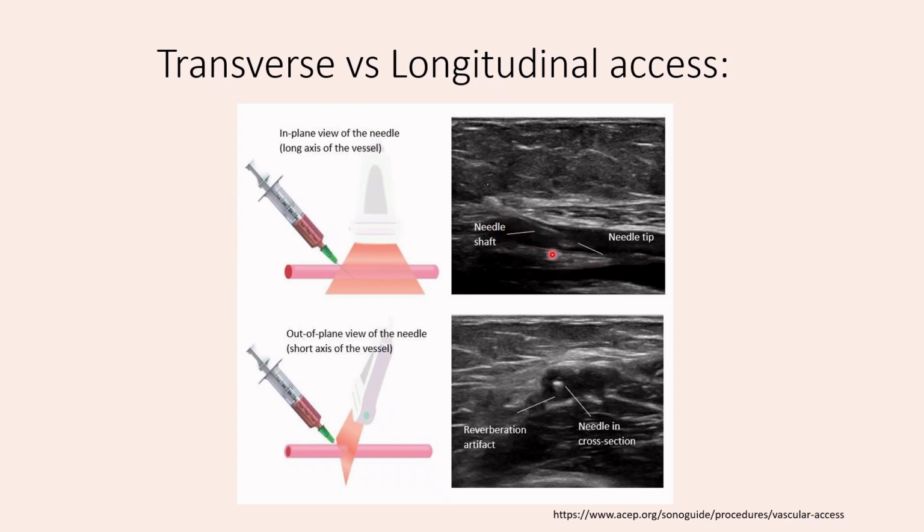Or you can go for the transverse axis. This is the probe, and you insert the needle in this case not on the side of the probe like in the longitudinal, and in this position you will see the needle like a cross section like here, you will not see the needle shaft all over like in the longitudinal axis.